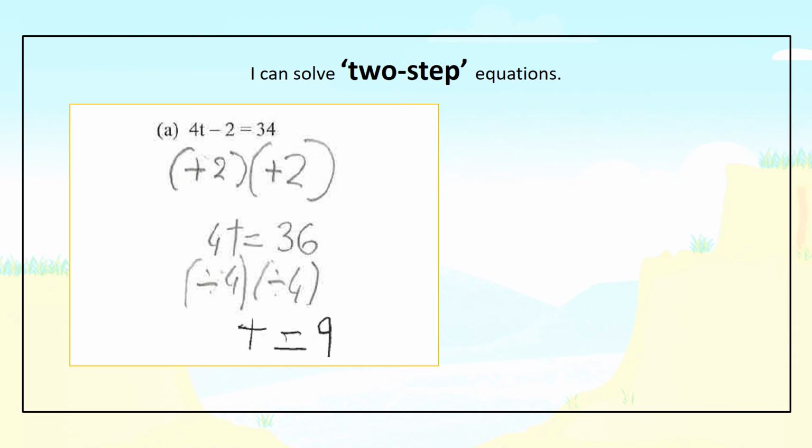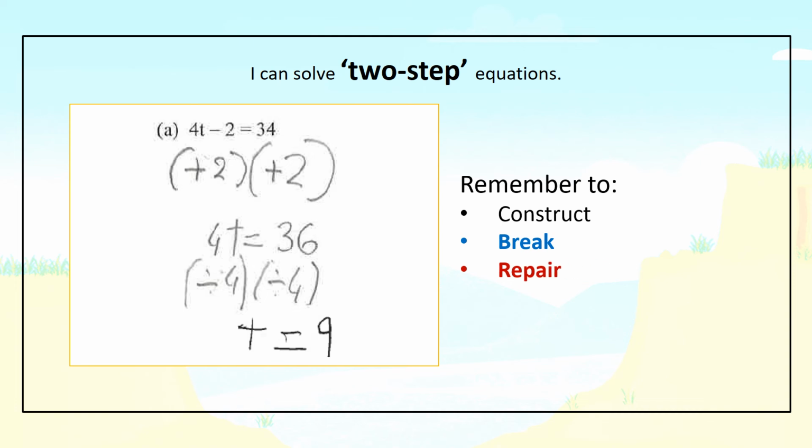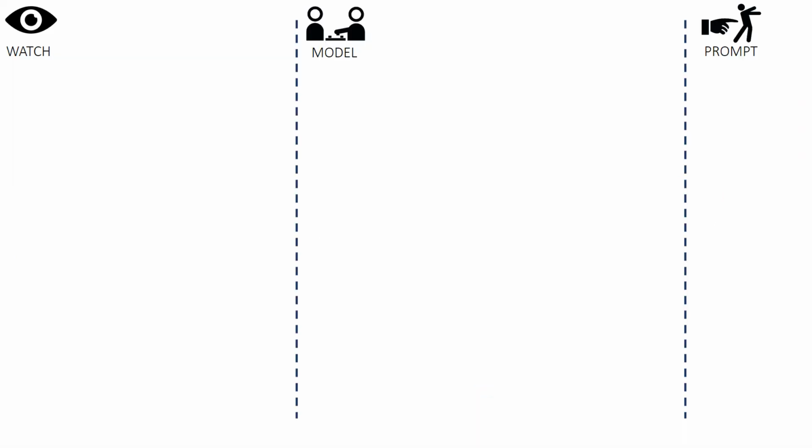In the previous video, we looked at something like this as well, where we would share a previous pupil's work. We would talk about the success criteria. So constructing the equation at the moment, this idea of breaking and repairing and simplifying where we can.